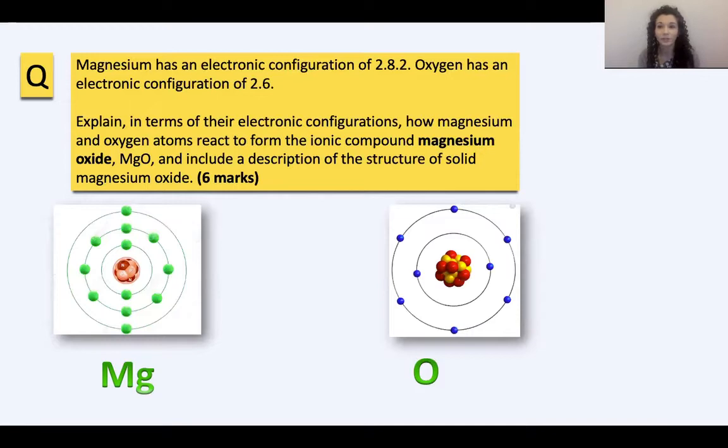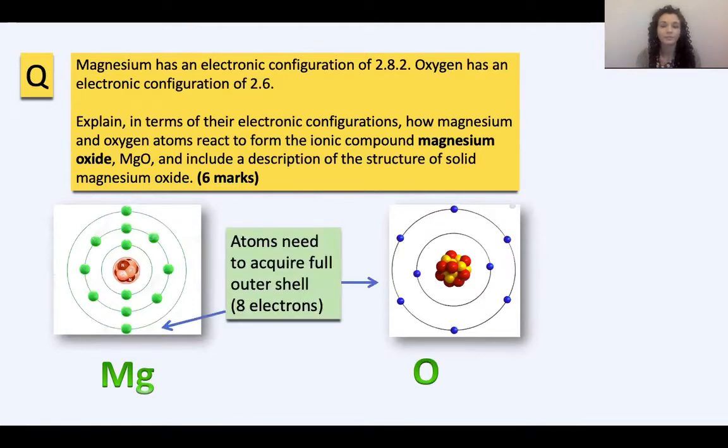When they bond together, they are most stable and most happy when they have a full outer shell. So the outer shells of magnesium and oxygen would ideally like to have 8 electrons. That is what would make them stable.